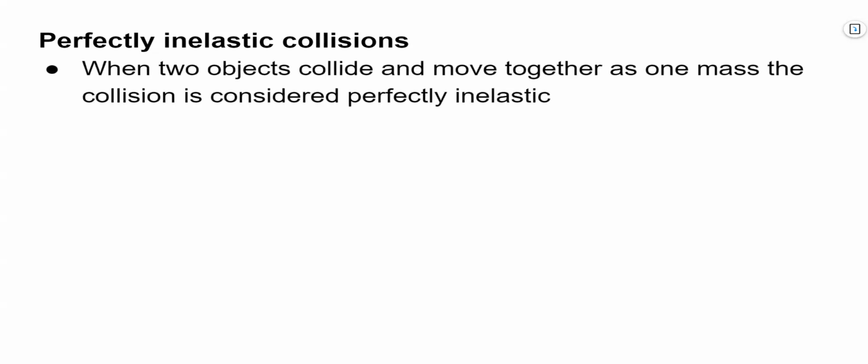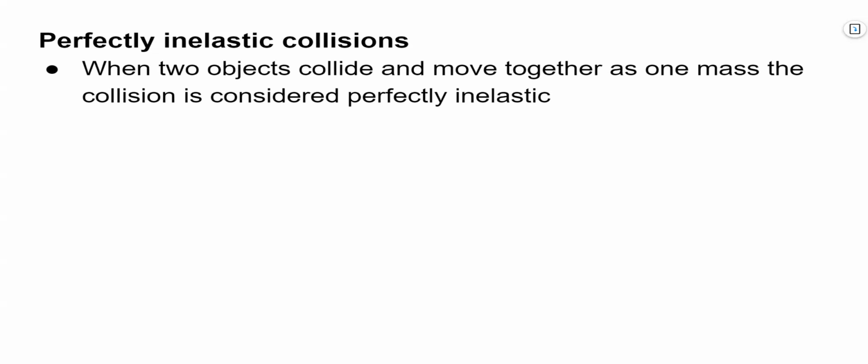To begin with, we will discuss perfectly inelastic collisions. If two objects collide and then they stick together so strongly that they are one mass and they move together afterwards, that's considered a perfectly inelastic collision.